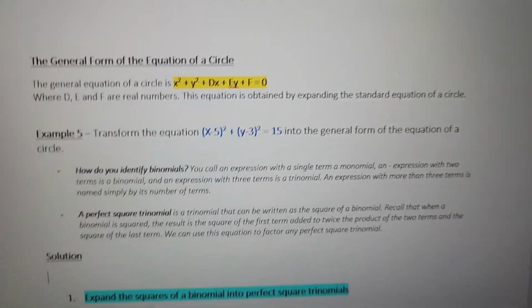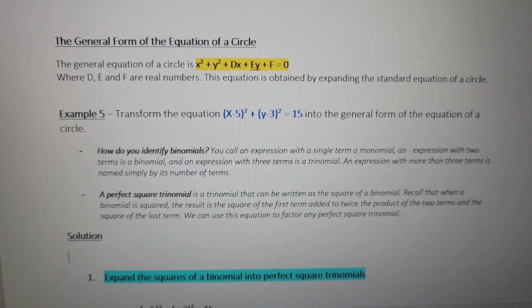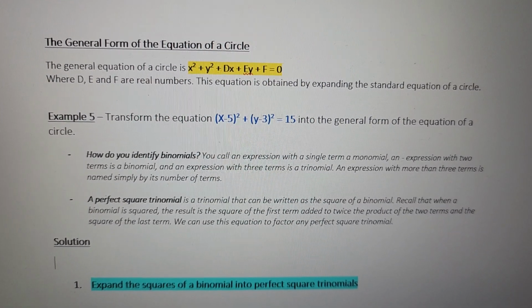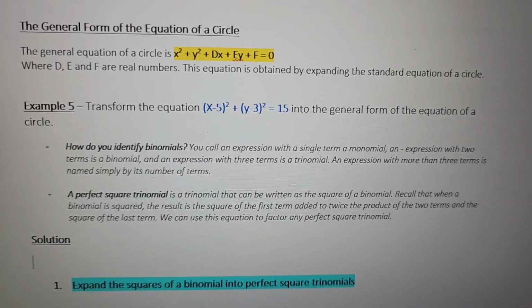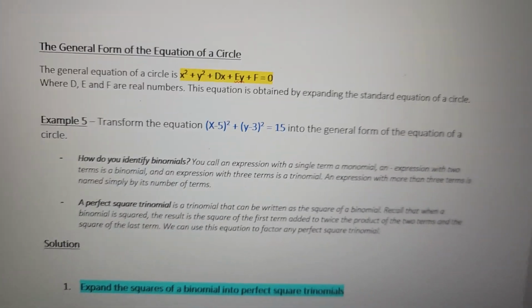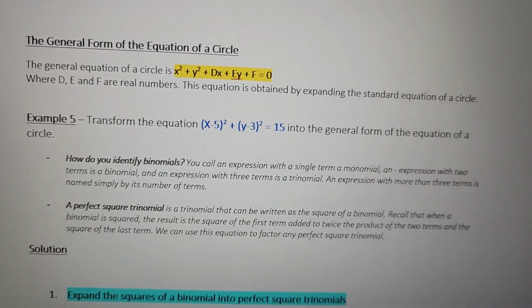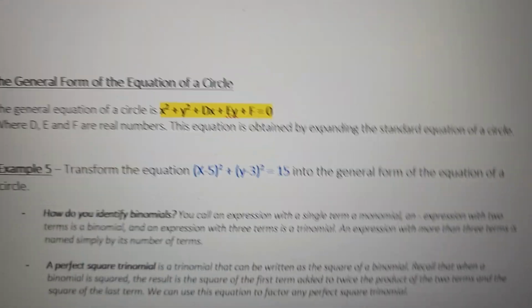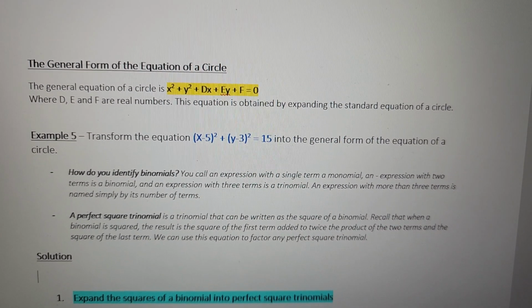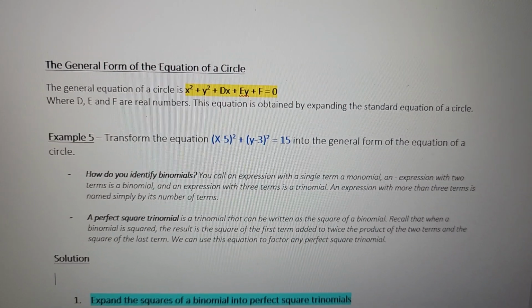So I'm going to explain to you example number 5. Transform the equation (x minus 5) squared plus (y minus 3) squared equals 15 into the general form of the equation of a circle.